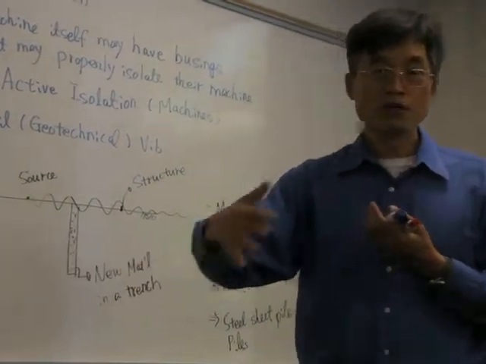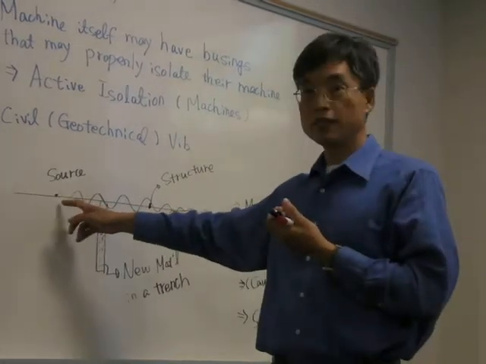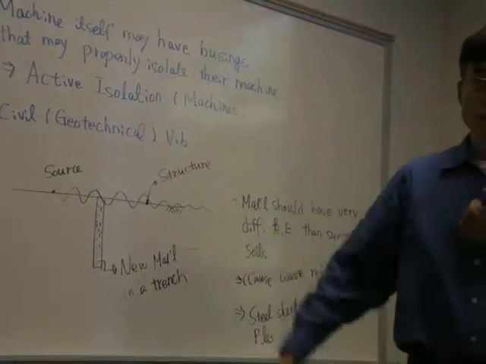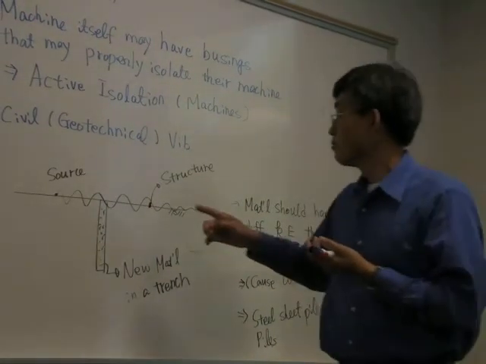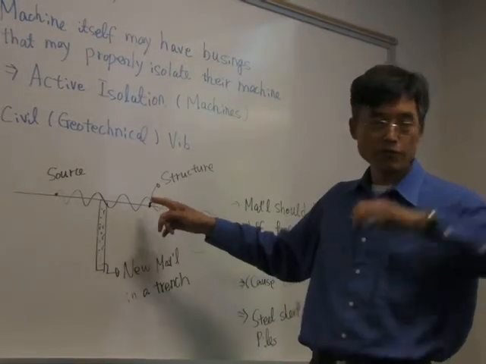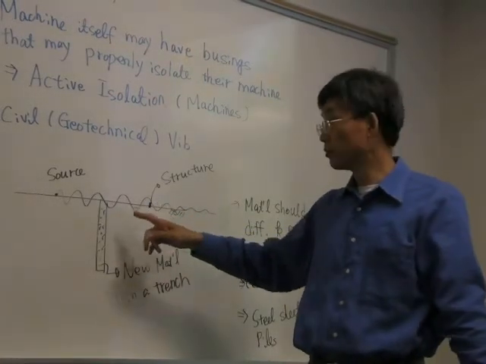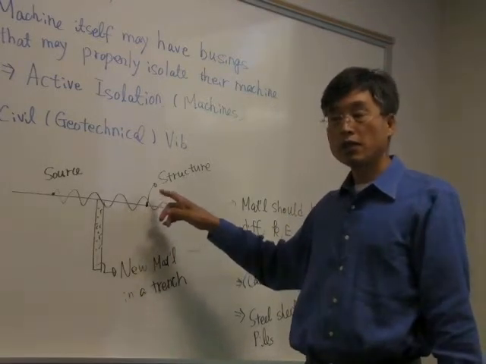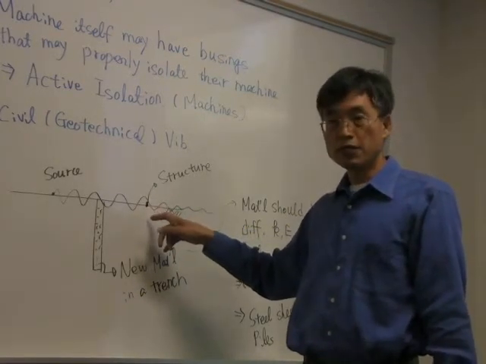It's a long subway, and you cannot really isolate the vibrations of the subway from the beginning to the end of the line, right? Then probably you may isolate your own structure only. You don't care about your neighbors because it may be too expensive to install this for the long distance. So in that case, there is a kind of partial isolation.